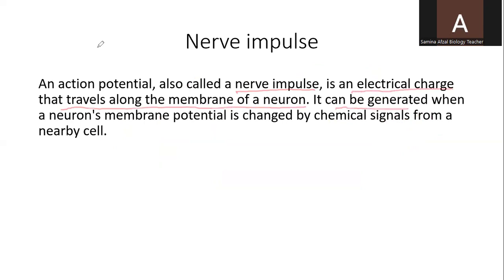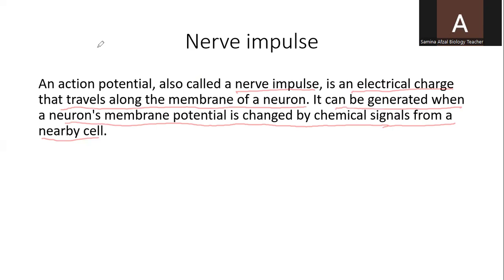It can be generated when a neuron's membrane potential is changed by chemical signals from nearby cells. When there is any stimulus in the internal or external environment, at that time, a nerve impulse in the form of electrical charge is generated, which moves along the neuron's membrane.